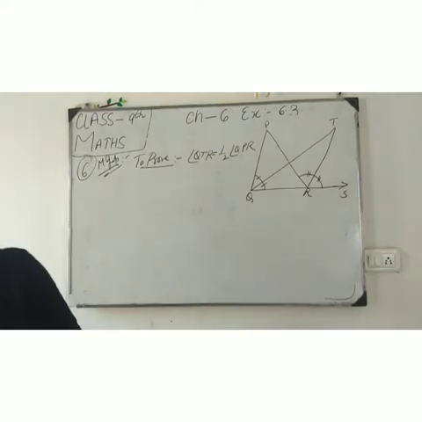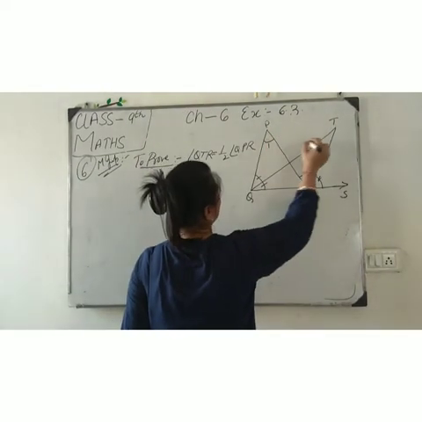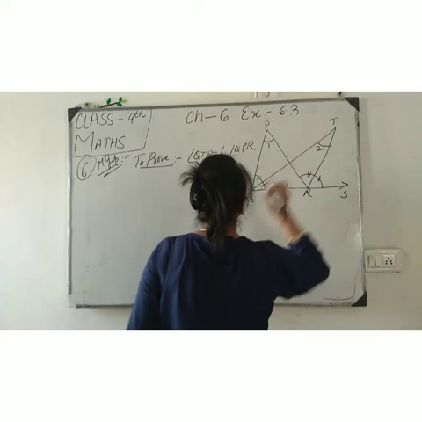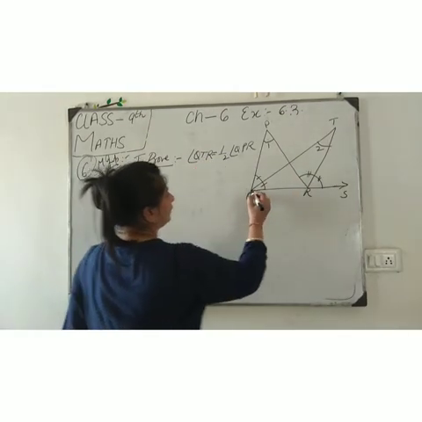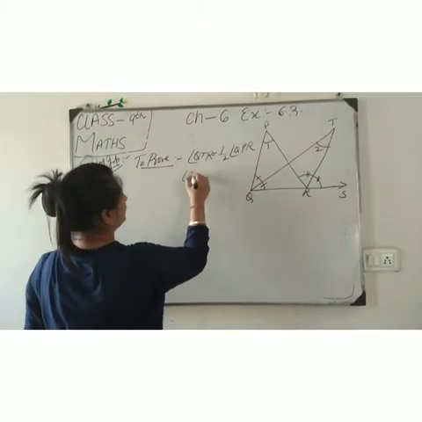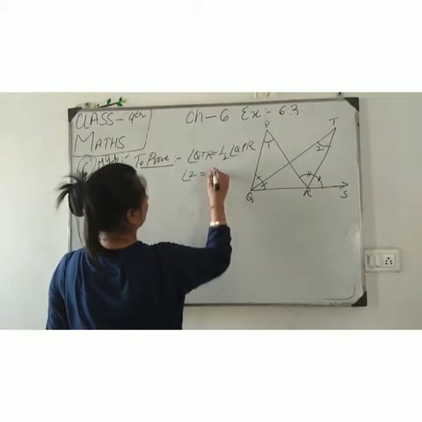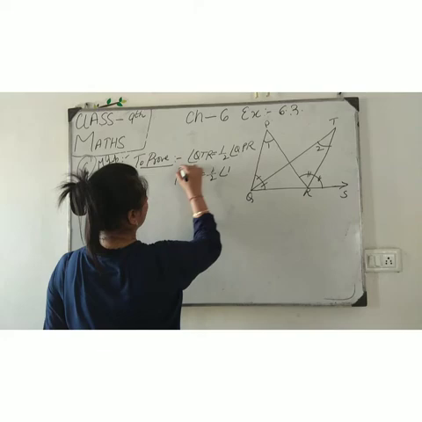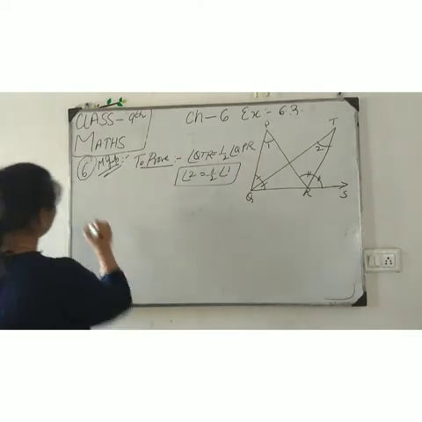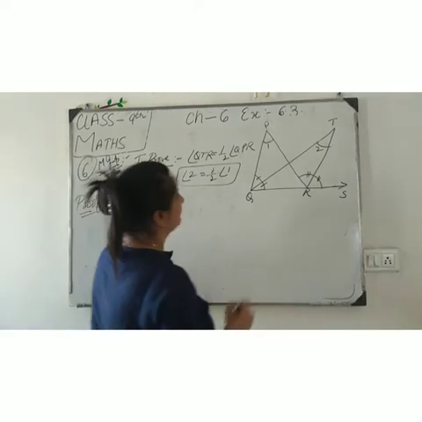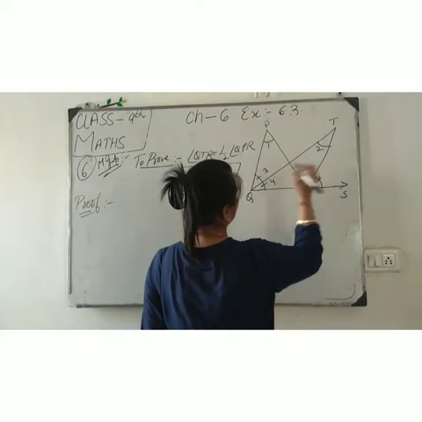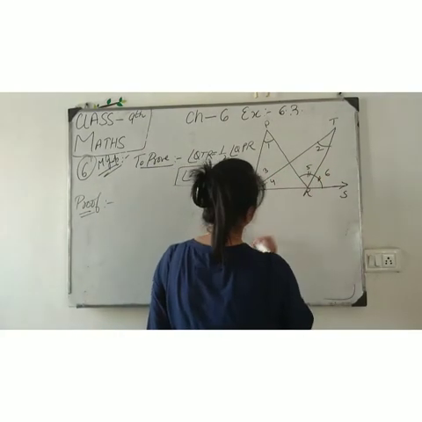Okay. Now I give them names here, 1 and 2. I convert into numbers: angle QTR, angle 2, equal to half of angle 1. Here. Now start proof. Angle 3, angle 4, angle 5, angle 6.